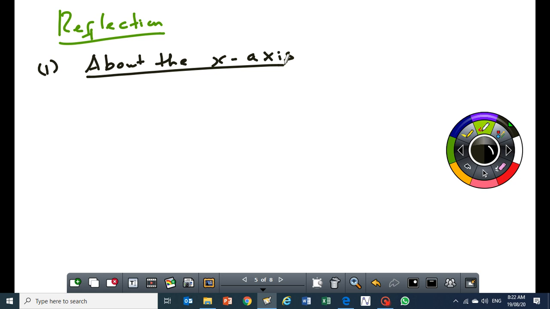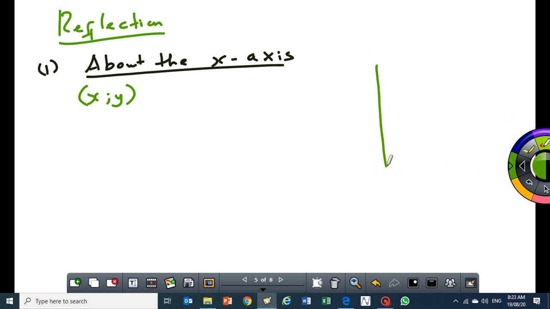Now this one, if you have a point (x, y), let me just draw a sketch for you. If I have a point, say we call this the first quadrant, where I know the x and y are, if I reflect it about the x-axis, this point moves to what's called the fourth quadrant.